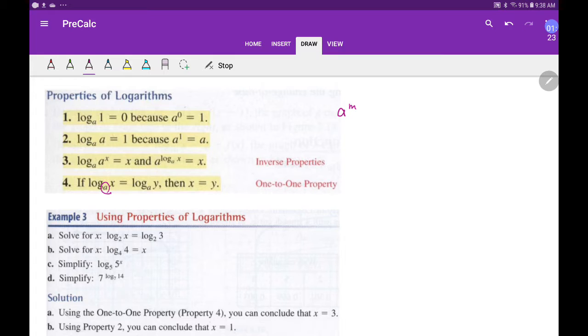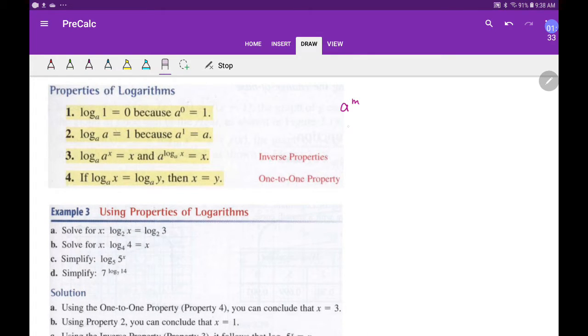So the log base a of x is equal to the log base a of y. Then if the exponent is the same, they must be the same.